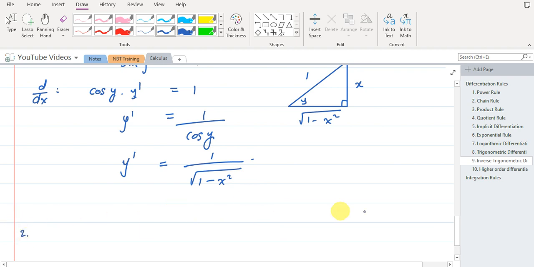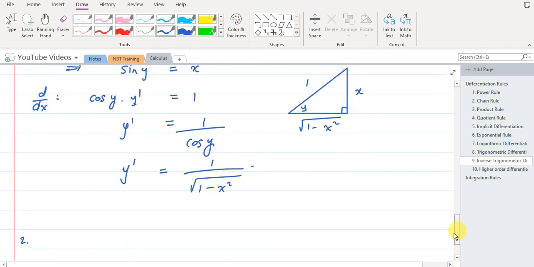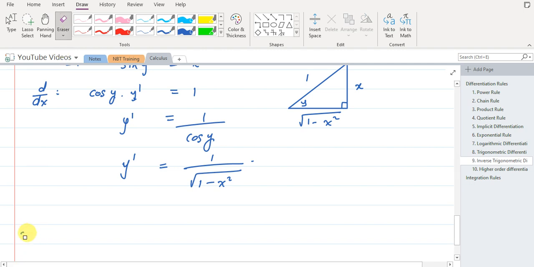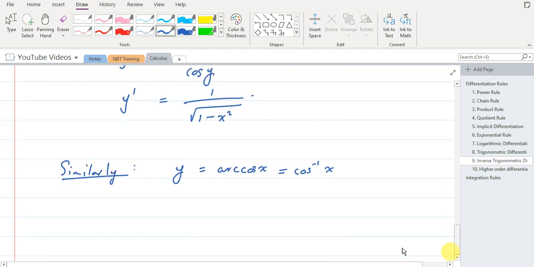Let's look at the second proof. Similarly, you can do y is equal to arc cos x, or you can say cos inverse x. To find the derivative of this, we'll get negative 1 over the square root of 1 minus x squared. Make sure to get that answer.